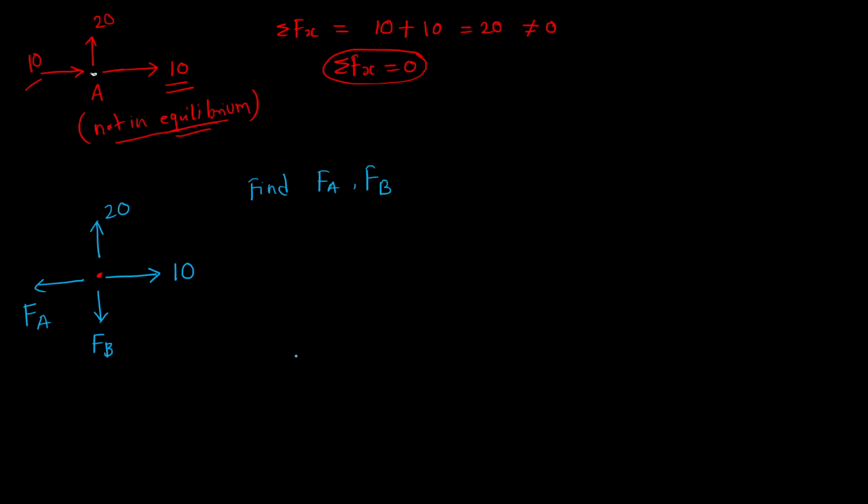You have to find Fa and Fb, and this point is in equilibrium. How to find them? We'll apply the condition of equilibrium, the first superpower: sigma Fx is equal to 0. Sigma Fx is the forces in x direction.